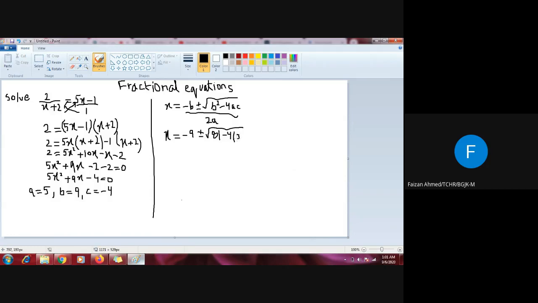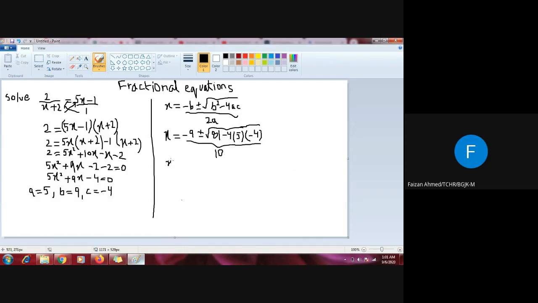The value of a is 5, so I will write 5 in a bracket, and the value of c is minus 4, so I will use a bracket again and put the value in it. And I have 2a in the denominator. Since a is 5, 2 multiplied by 5 will be 10, so I am writing 10 directly.